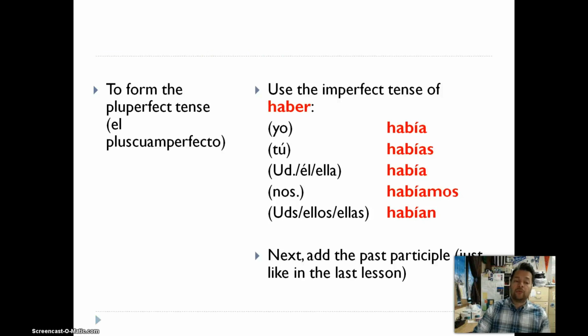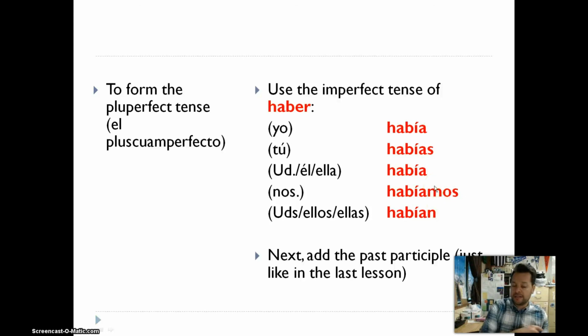Let's find out how to form the Pluperfect Tense. Once again, it's a two-parter, all right? And once again, we are going to use the verb haber, and in this case, it's going to be the imperfect tense, el imperfecto. Yo había, tú habías, usted, él, ella había, nosotros habíamos, ustedes, ellos, ellas habían, all right?